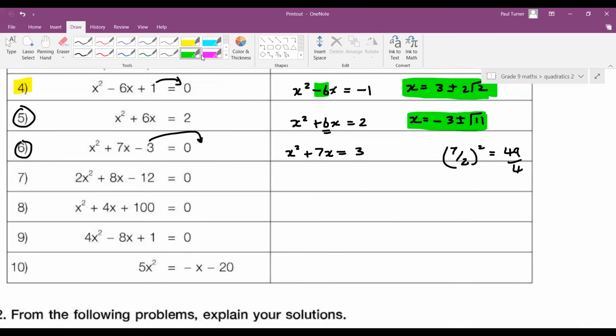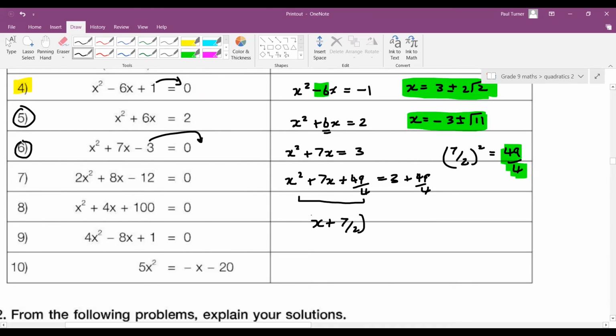So add this number back to your equation. X squared plus 7x plus 49 on 4 equals 3 plus 49 on 4. So this is your complete square here. You have x plus the square root of 49 on 4, which is 7 on 2, all squared.